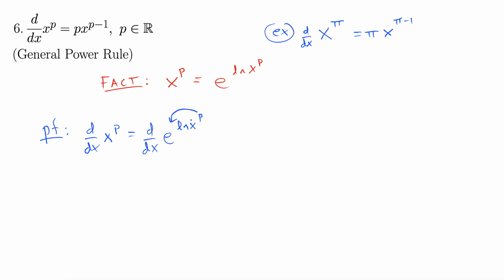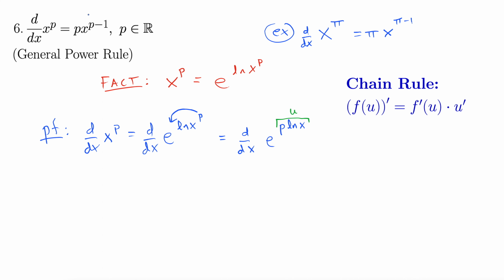Now the properties of logarithms cause this p to come down, so we have d by dx of e to the p natural log x. Now if we consider all this stuff u, we can use the chain rule on this: the derivative of the outside times the derivative of the inside. So the derivative of e to the u is e to the u, which is e to the p natural log x, times the derivative of the inside, so times the derivative of p natural log x. That's p times 1 over x.